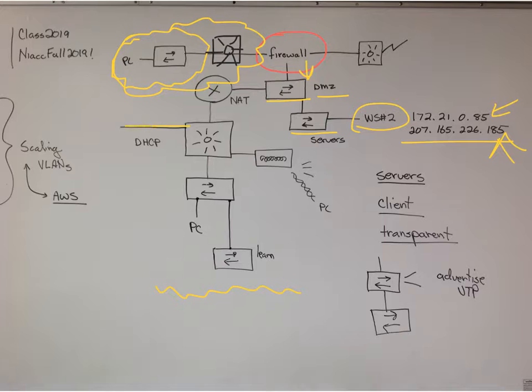So for class, we put a web server over here, and we set it up so we can access it internally, and we should be able to access it externally. So we have a static NAT making that connection.